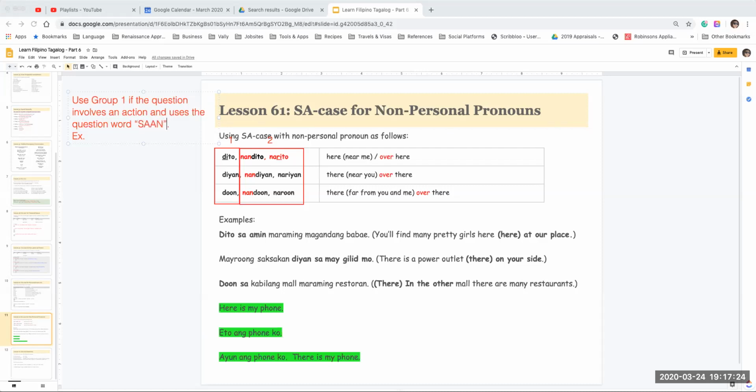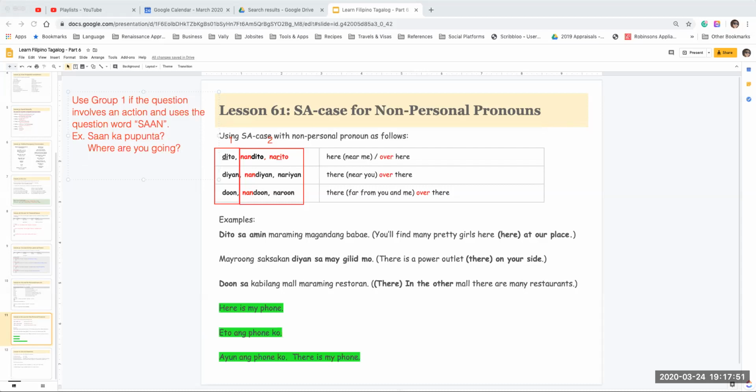For example, the question is "saan ka pupunta?" Punta means go, saan means where, so it means where are you going? So that is the question. It involves a verb, so your answer should be one of these.